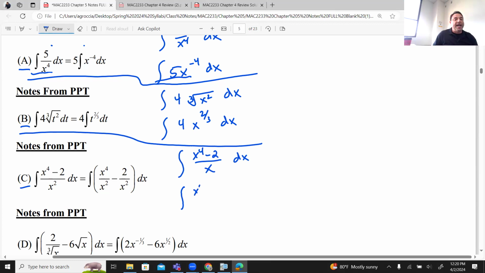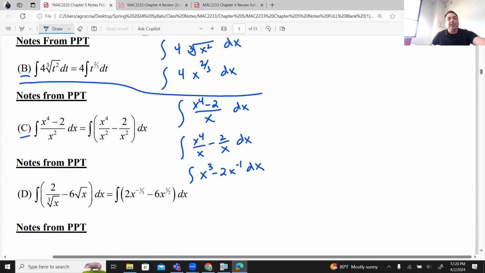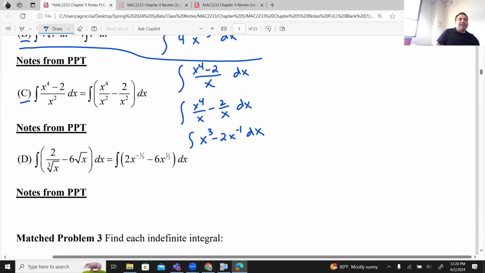So this would be x to the 4 over x minus 2 over x. And then that could be rewritten as x to the 3rd minus 2x to the -1. So again, sometimes the rewrite takes a little bit of work, but it's all algebra, it's all algebra, it's all algebra. So that's just kind of some reminders and some practice.